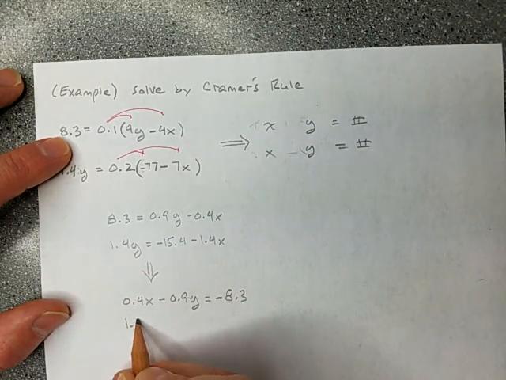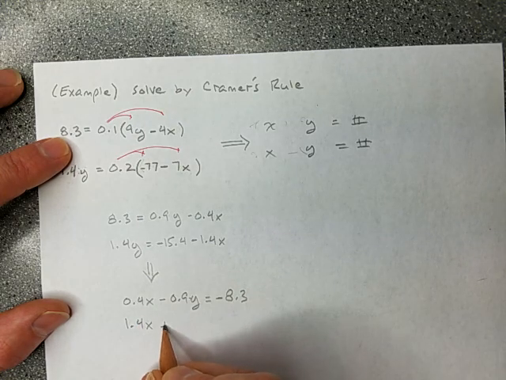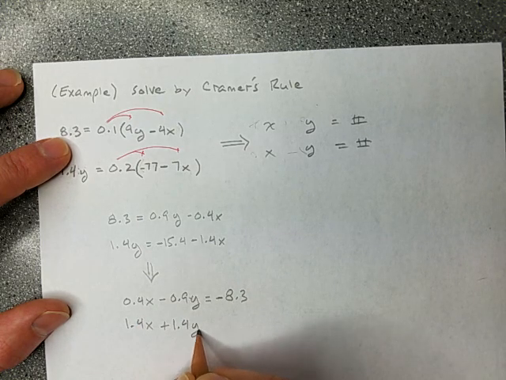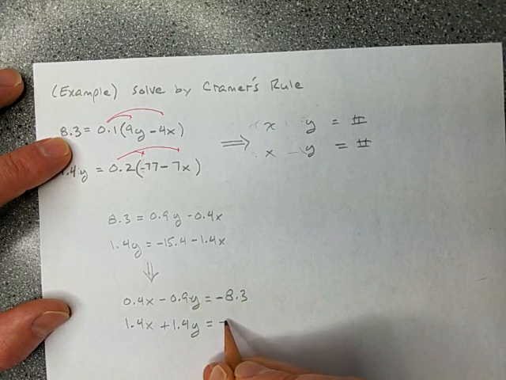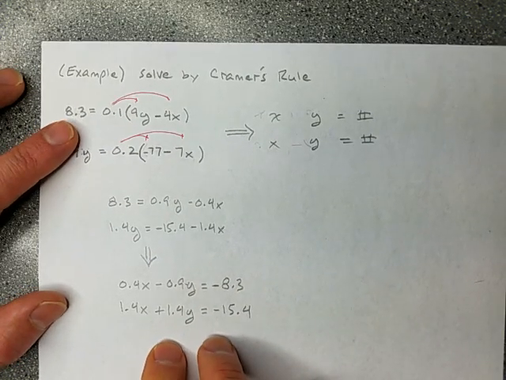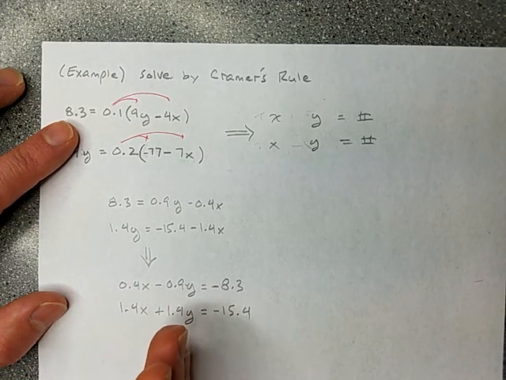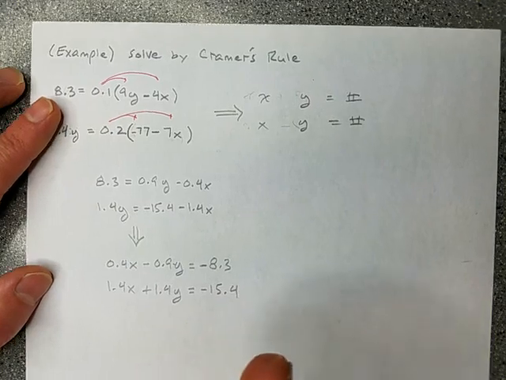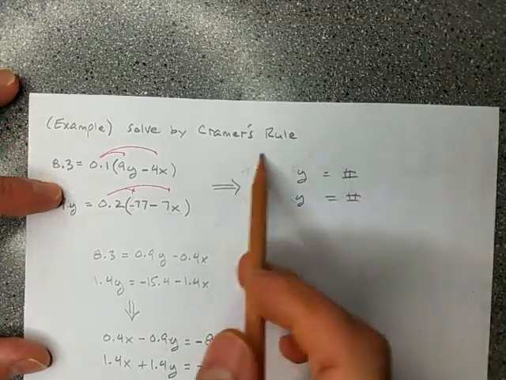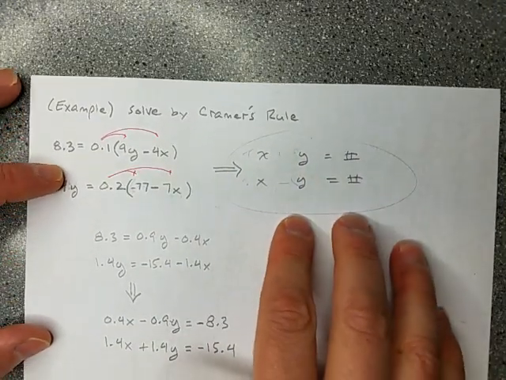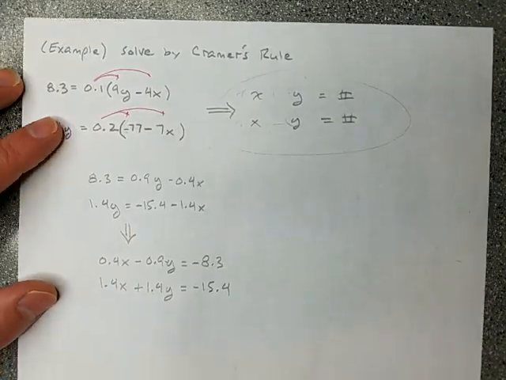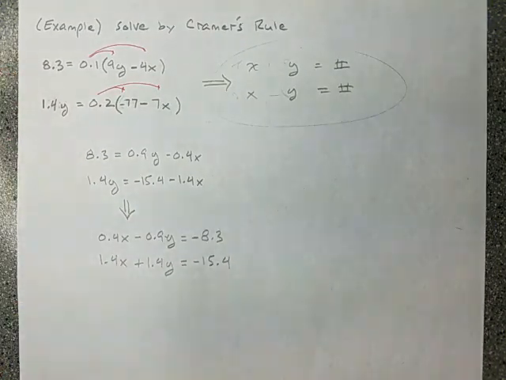So I get 1.4x plus 1.4y equals negative 15.4. Now this is the way I needed it to be arranged. I have the x's in one column, y's in the next, an equal sign, then the numbers, okay? That's what I was telling you I had to get out of it. But I had to do some pretty basic things to get there, but it needed to happen.